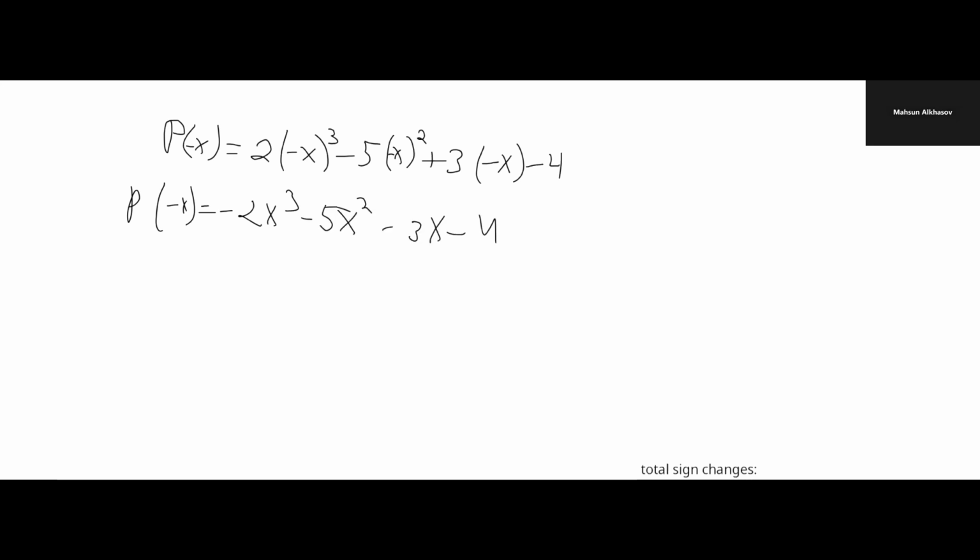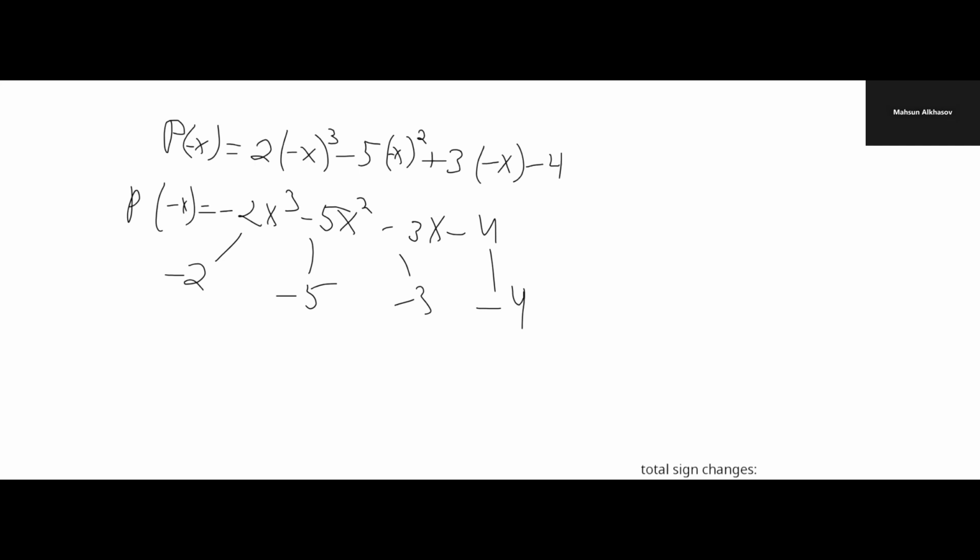So what we got here is new coefficients: -2, -2, -5, -3, -4.